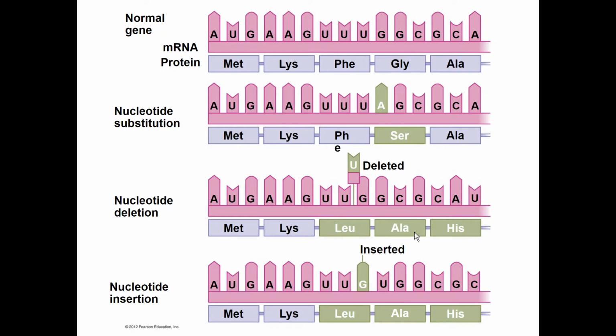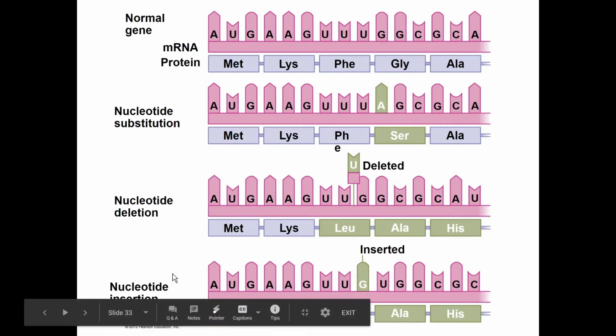We have another different amino acid and another different amino acid, and it's because the whole sequence shifted. Now these three are a codon, and now these three are a codon, and now these three are a codon. In the substitution, only one codon changed from the original. Now we have 3 codons that changed because of a deletion.